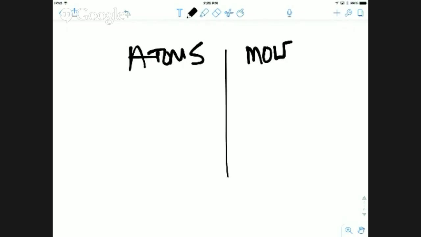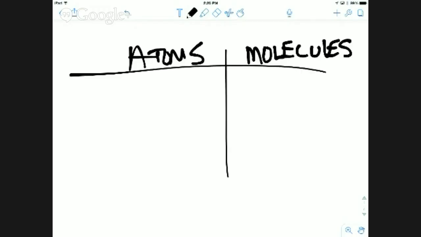Okay, so there's atoms and molecules, right? And those can mean different things depending on what you're dealing with. But a particle is one of those two. A particle could be an atom, a particle could be a molecule. It's however the thing exists.